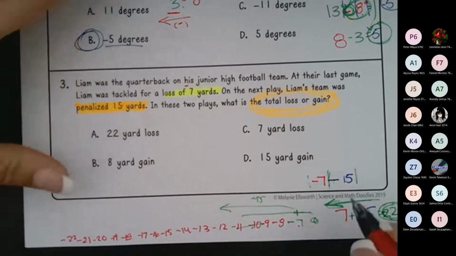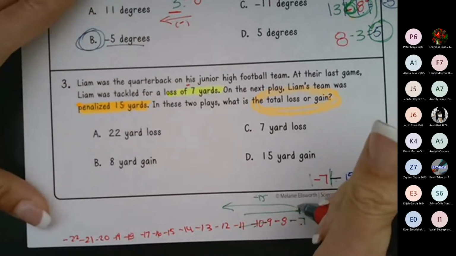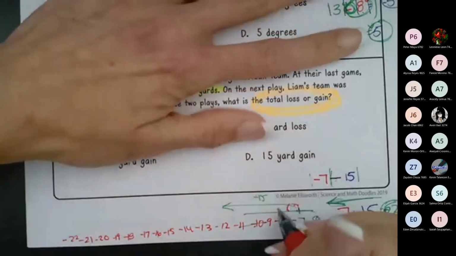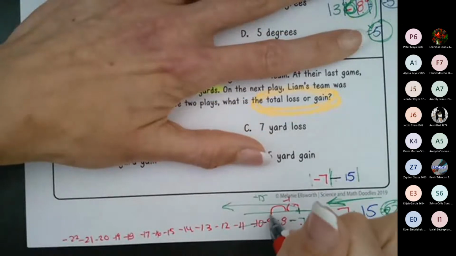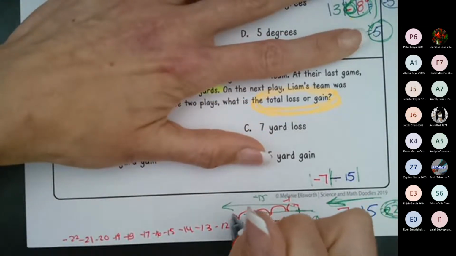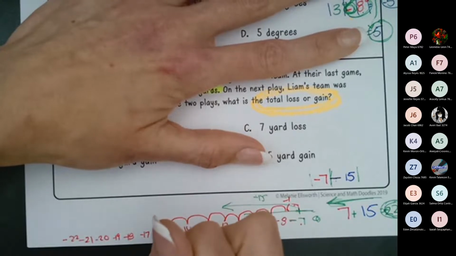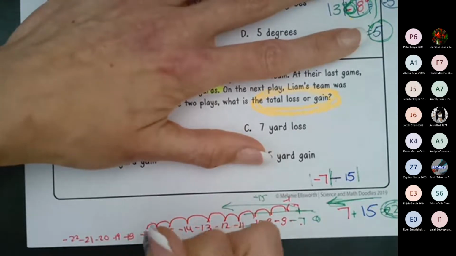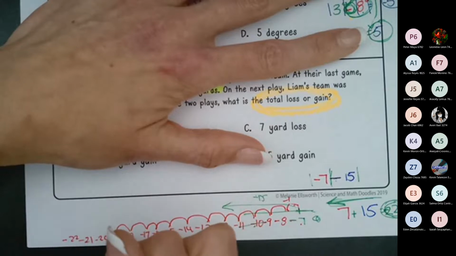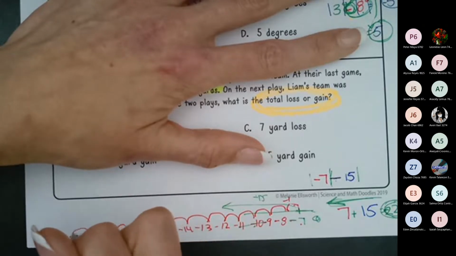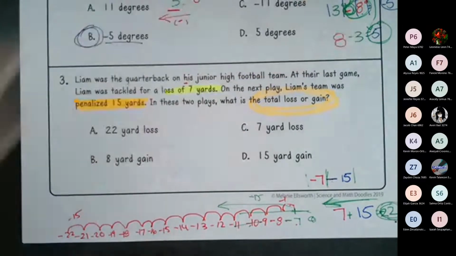Let's see, is that 15 spaces over? Let's see. 1, 2, 3, 4, 5, 6, 7, 8, 9, 10, 11, 12, 13, 14, 15.